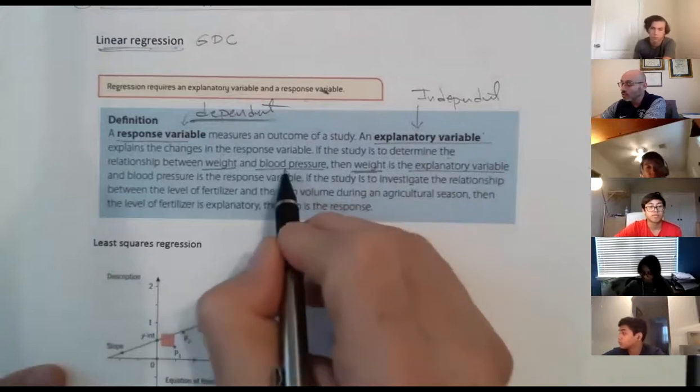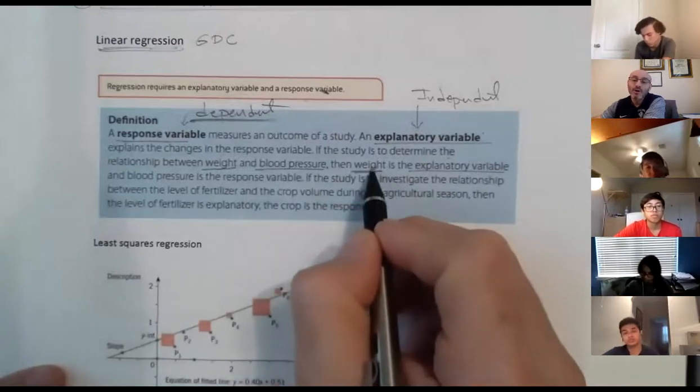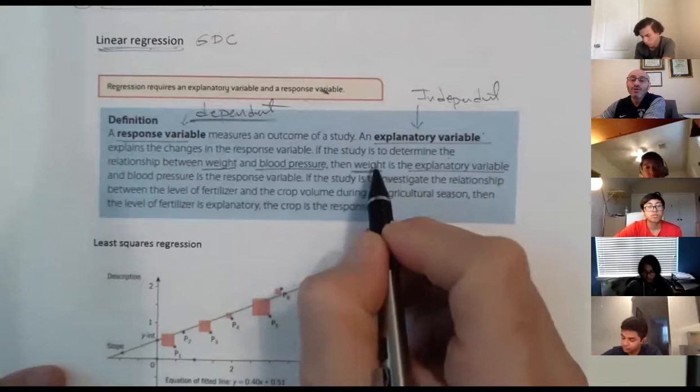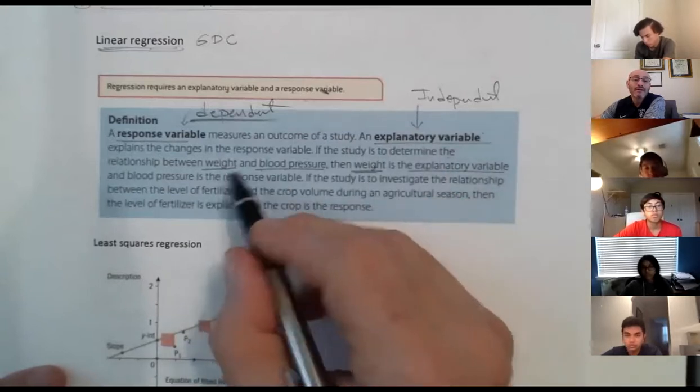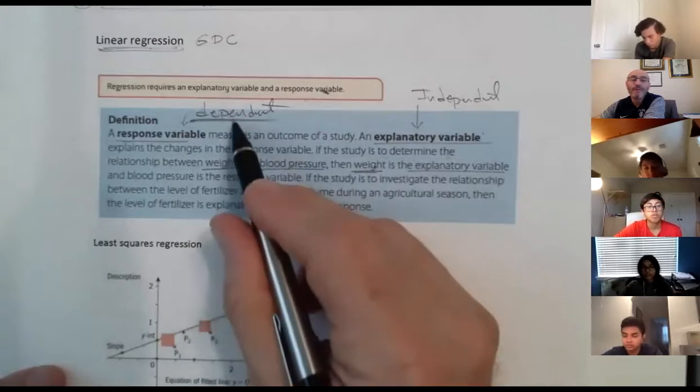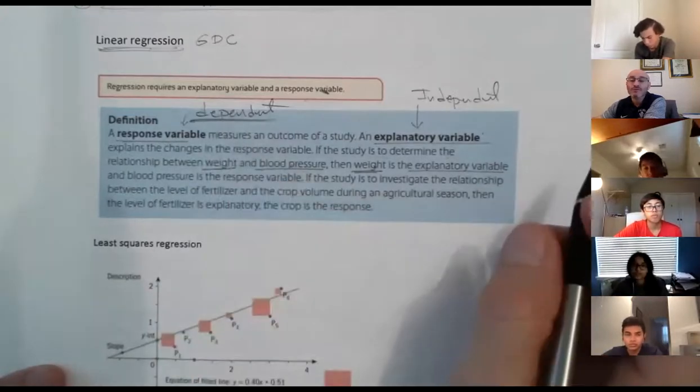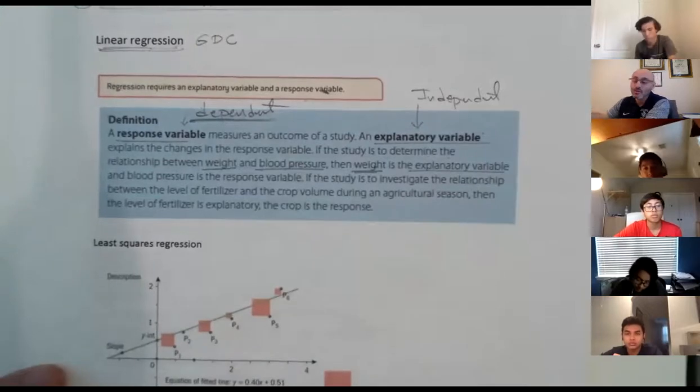So the blood pressure depends on what? How much weight you have. Make sense? So weight is the independent or explanatory, and the blood pressure is the dependent or response, because blood pressure responds to how much weight we carry.